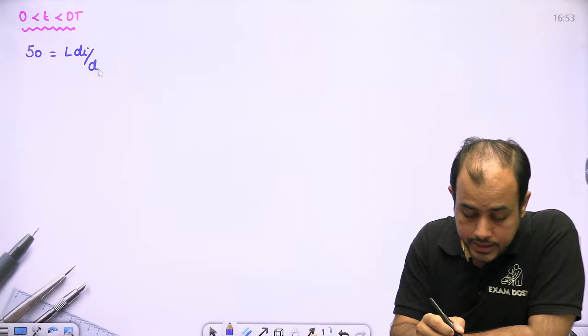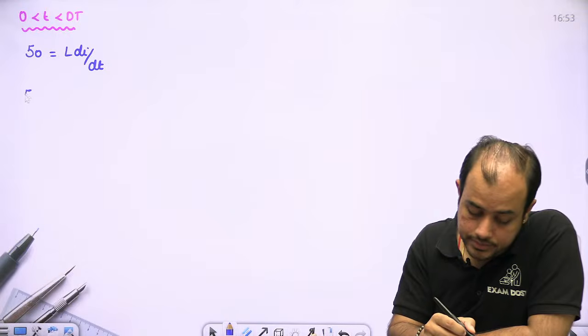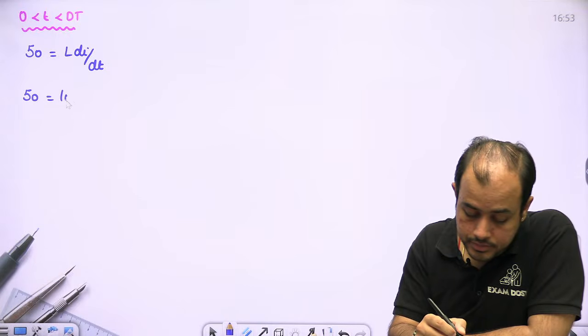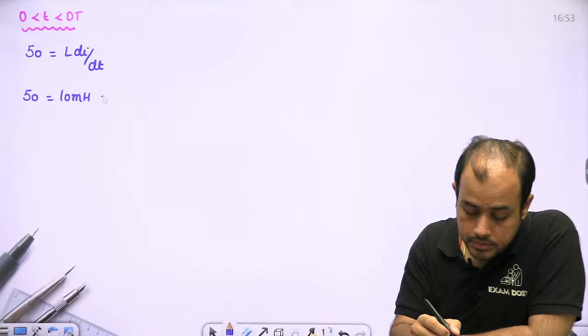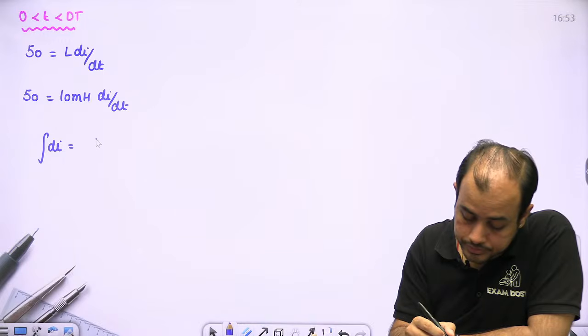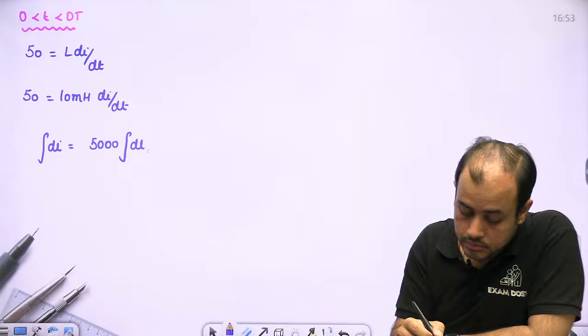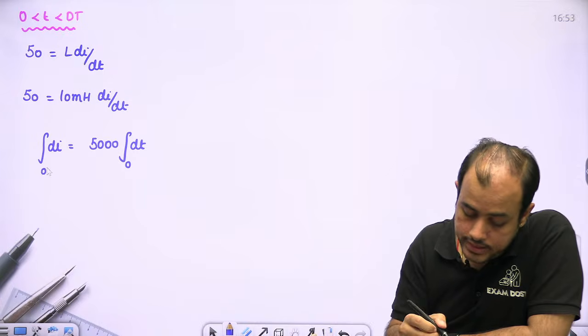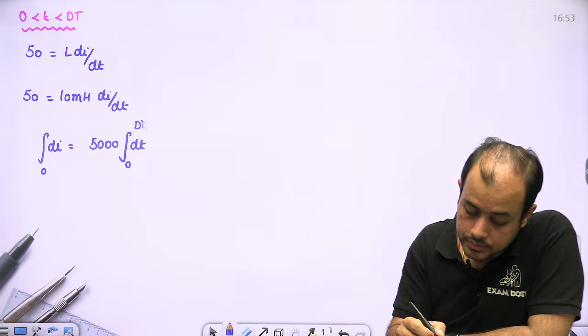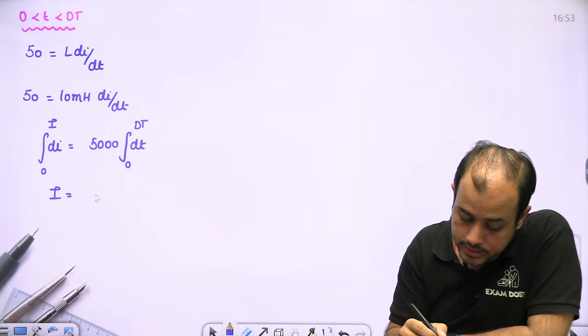L di by dt, what is inductor? 10 millihenry. So at 0 current is 0. What is the current here?